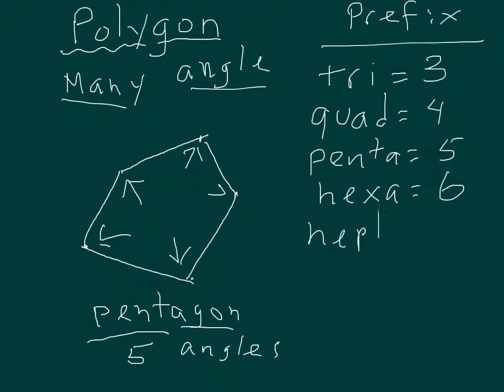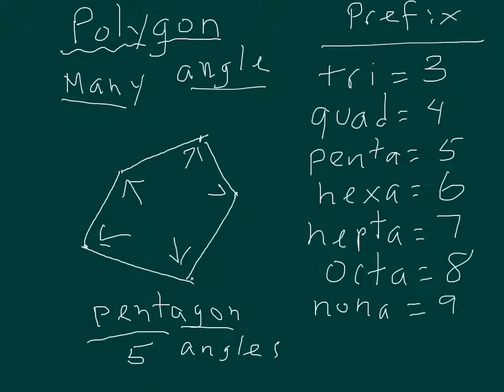This one you don't hear very often. Heptagon, 7 angles. 8 you've heard a lot though. That's right. Octa equals 8, like an octopus. And 9, nonagon. You don't hear that very often either.